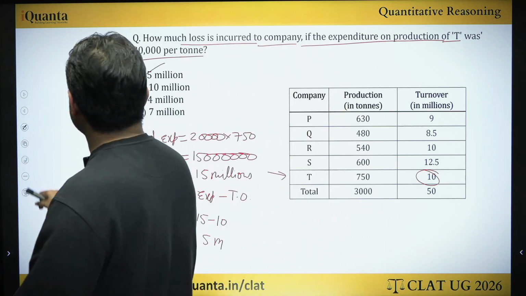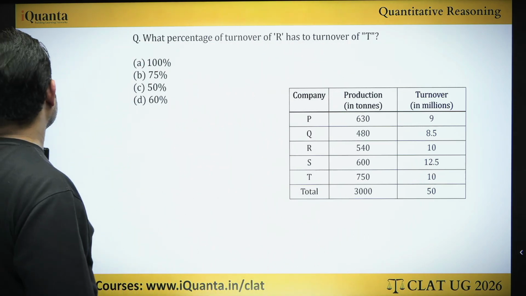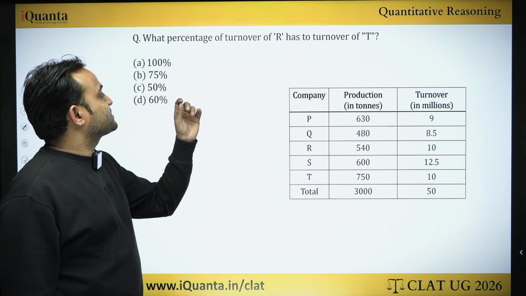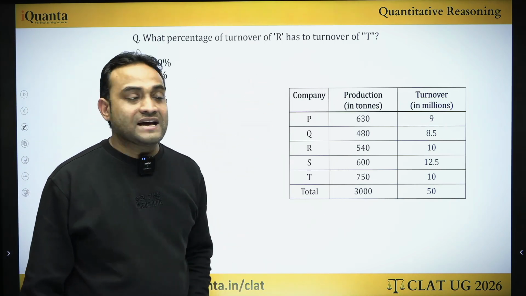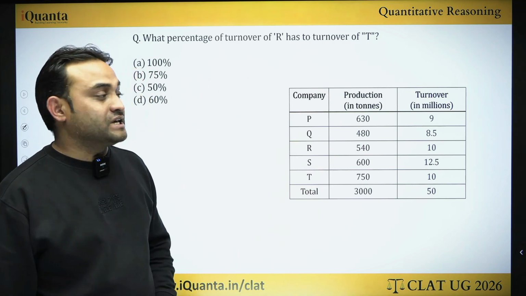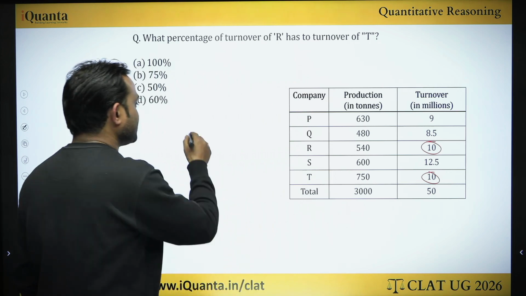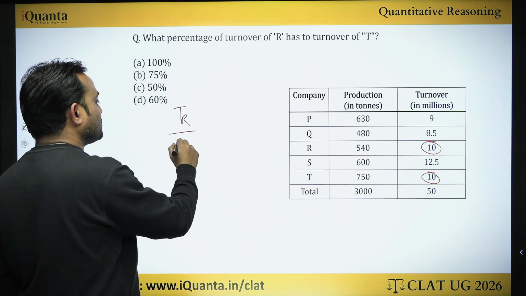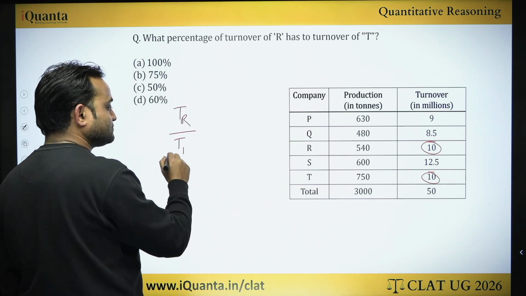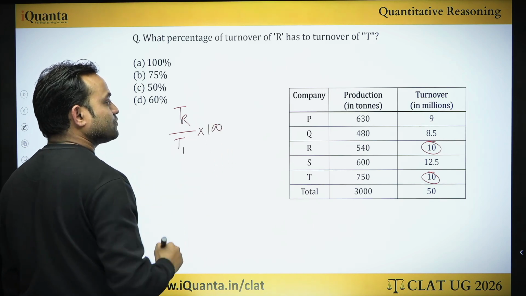All right. Now, next question, it says what percentage of turnover of R has to turnover of T? So turnover of R, turnover of T. Can we say turnover of R upon turnover of T into 100? This is what we need to find, right?